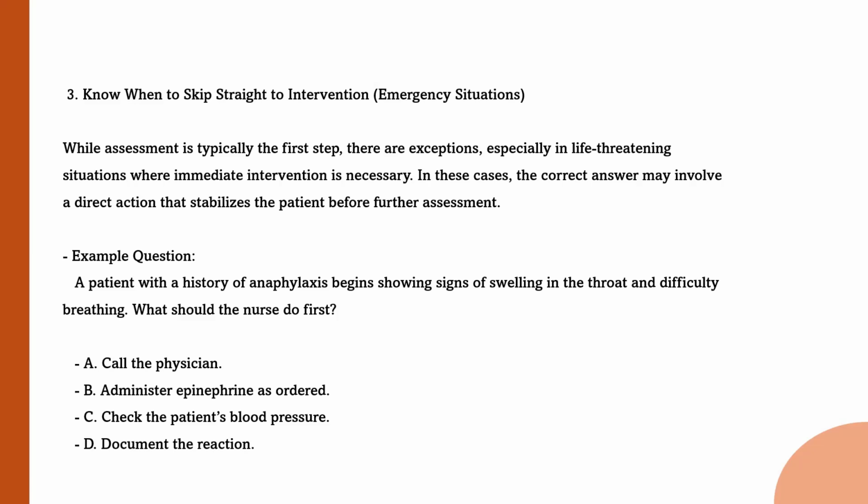So what do we have to do? We need to administer epinephrine as ordered right here. You understand? Because that is the first-line intervention for what the patient is experiencing. We cannot start by checking the blood pressure. No, the patient could die while we are doing that. Right? So B, because this is an emergency situation, right?